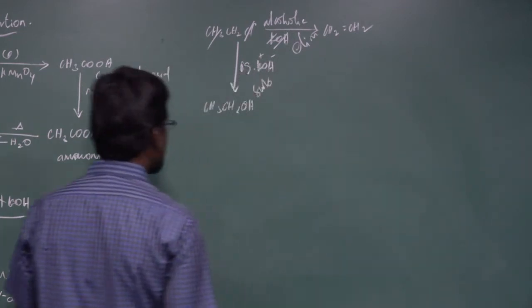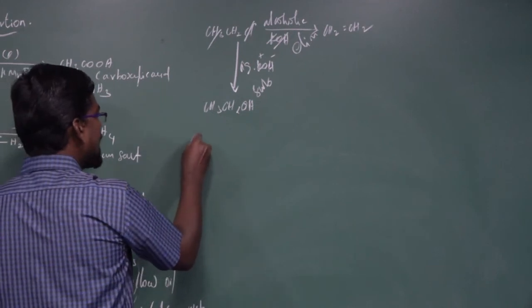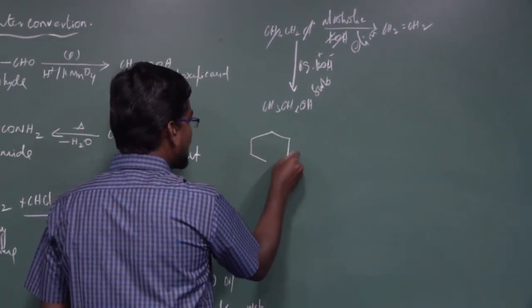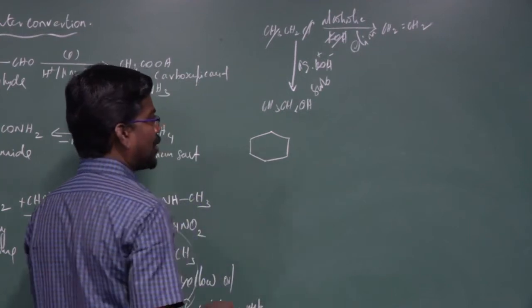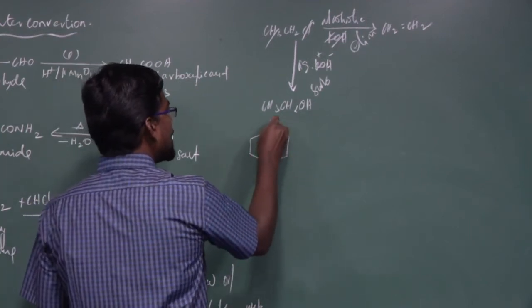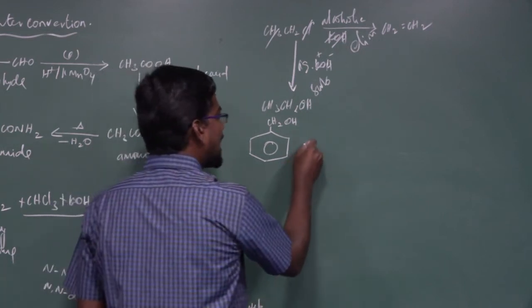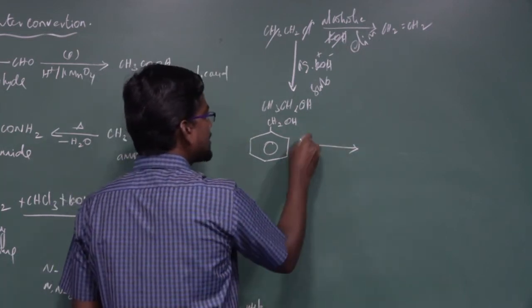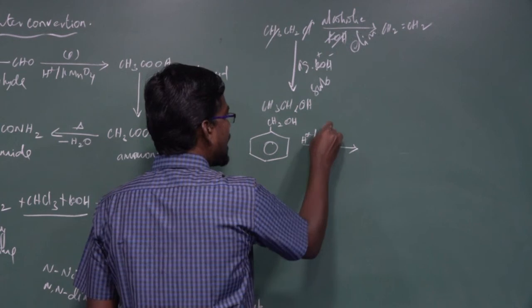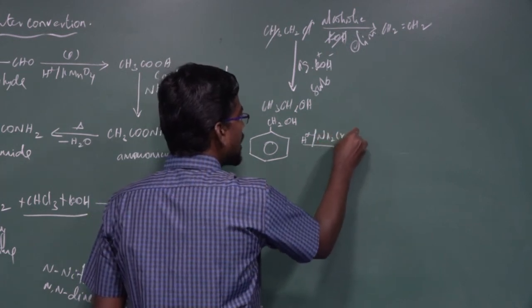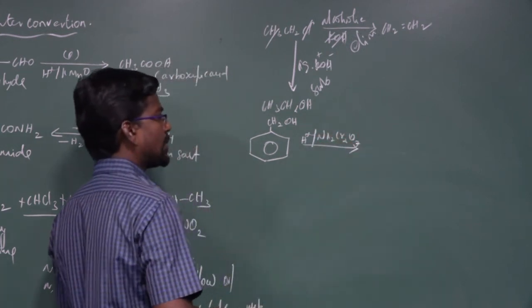Next one, in aromatic compounds, benzyl alcohol, C6H5CH2OH. Benzyl alcohol is oxidized in the presence of acidified sodium dichromate, Na2Cr2O7 and H plus.